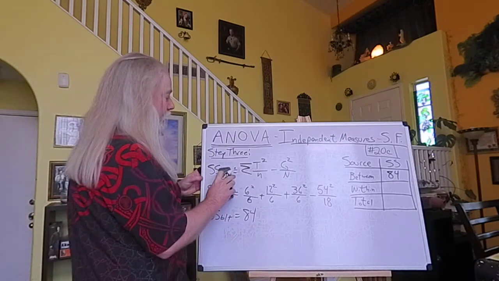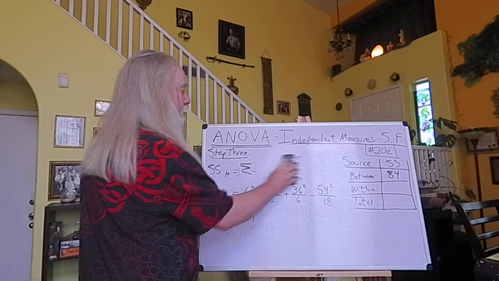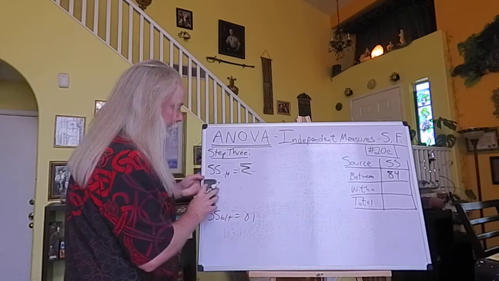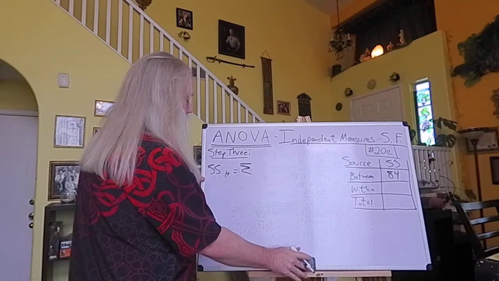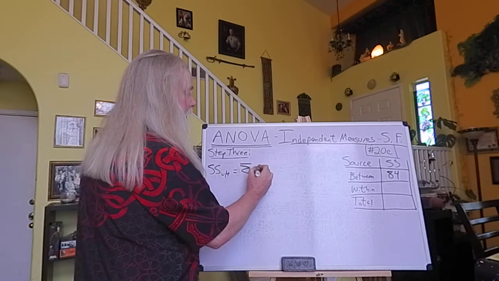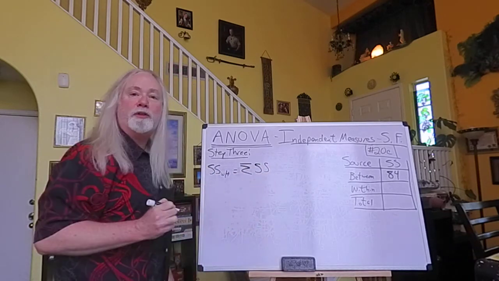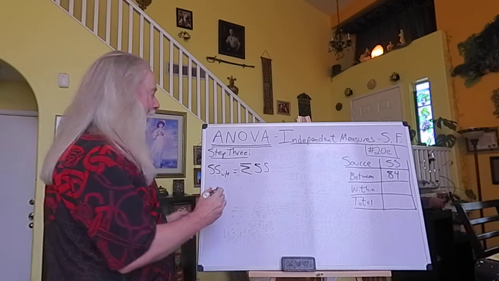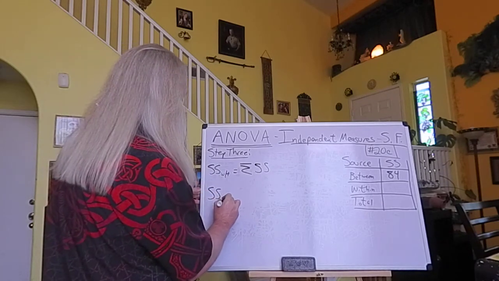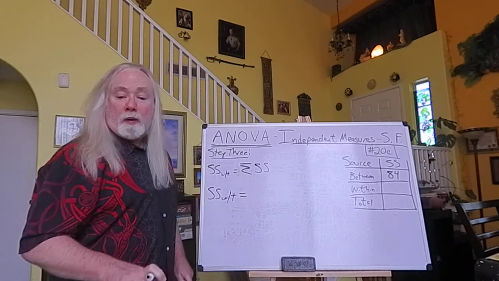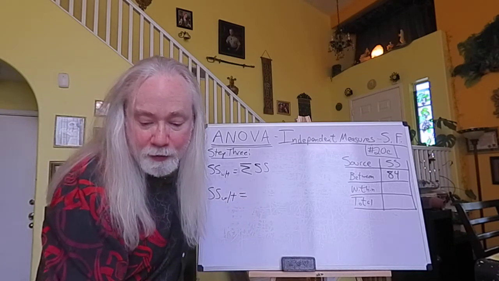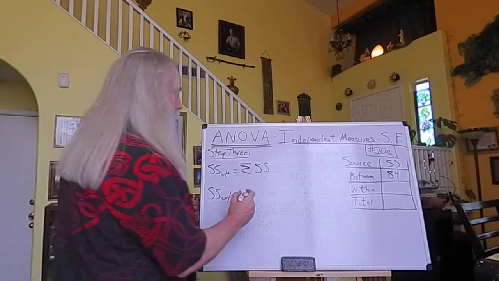The next thing we want is our sums of squares within treatments. So again, look at your formula sheet. And we see that it's simply taking the sums of squares values for each treatment and adding them together. So these values are given to us. For the first group, sums of squares is 120.